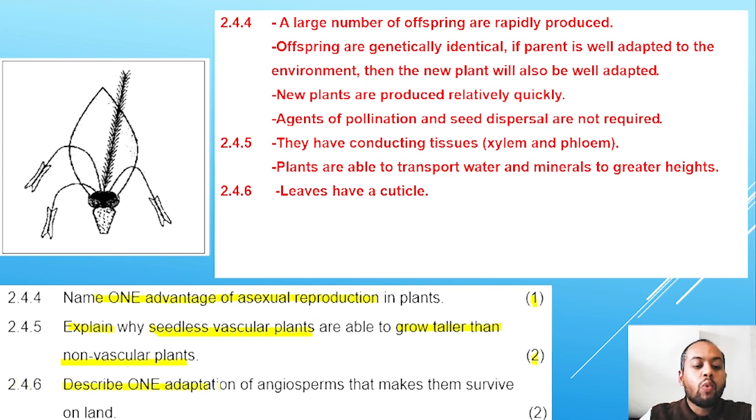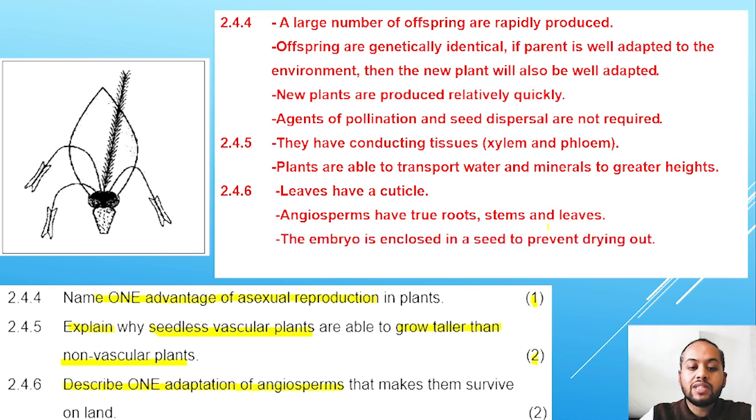2.4.6 says describe one adaptation of angiosperms that makes them survive on land. What is one thing that angiosperms have that allows them to survive on land? The leaves have a cuticle. Angiosperms have true roots, stems, and leaves. The embryo is enclosed in a seed to prevent it from drying out.